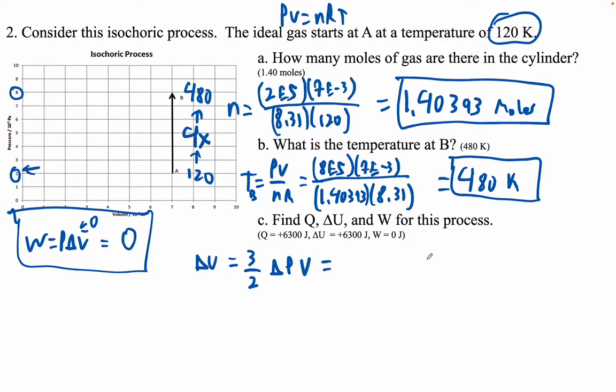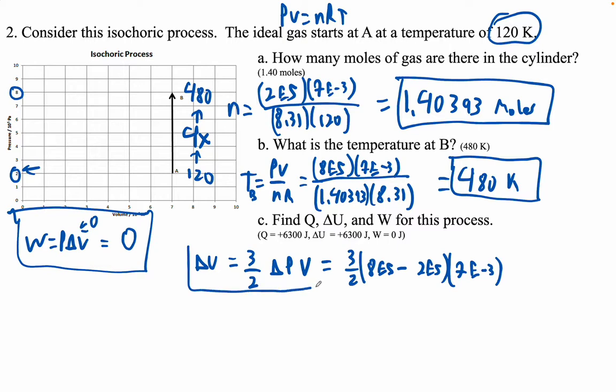Okay, let's do it. So that's 3/2, and then our change in pressure is 8E5 minus 2E5, and then our volume is 7E minus 3. Okay, so this is what I would do. This is a shortcut.